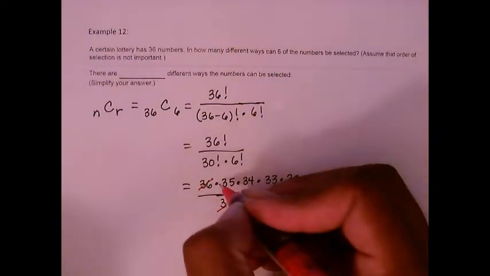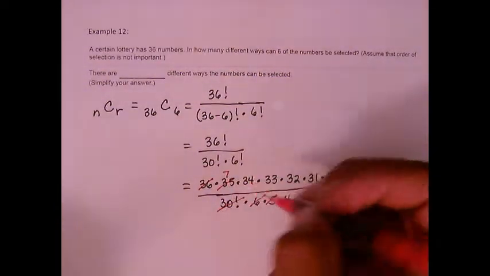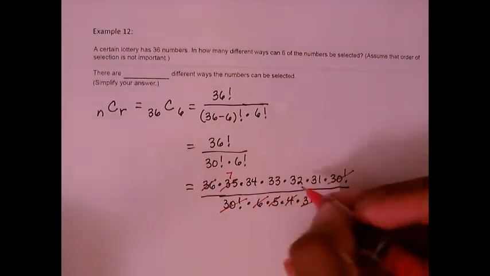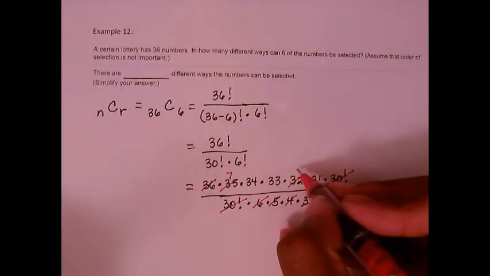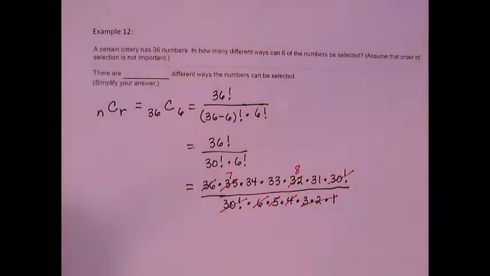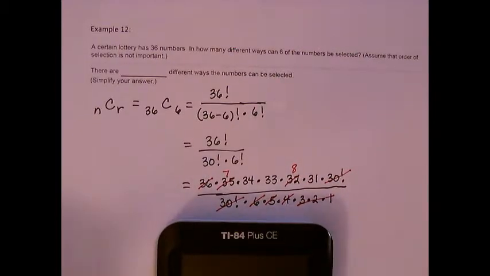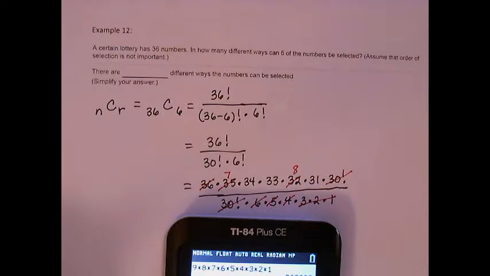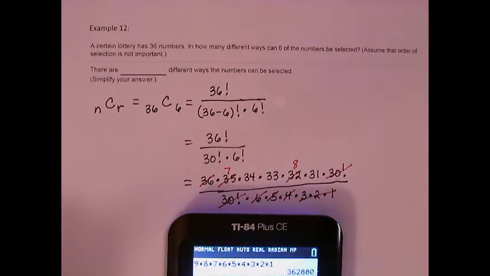And then this 5 can divide out with the 35. So 5 goes into 35 7 times. And let's see here. That 4 can go into this 32 8 times. So I'm going to be left with, in this case, 7 times 34 times 33 times 8 times 31.